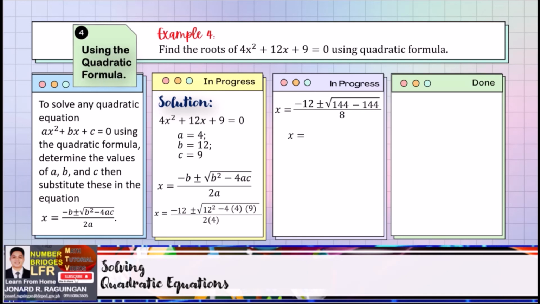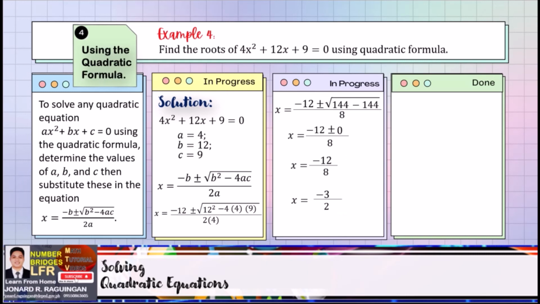Then simplify, that is negative 12 plus and minus square root of 144 minus 144 is 0. Square root of that is 0 all over 8. Then simplify, we have x is equal to negative 12 all over 8. Then reduce that one to lowest term. x is equal to negative 3 all over 2 because they are divisible by 4.